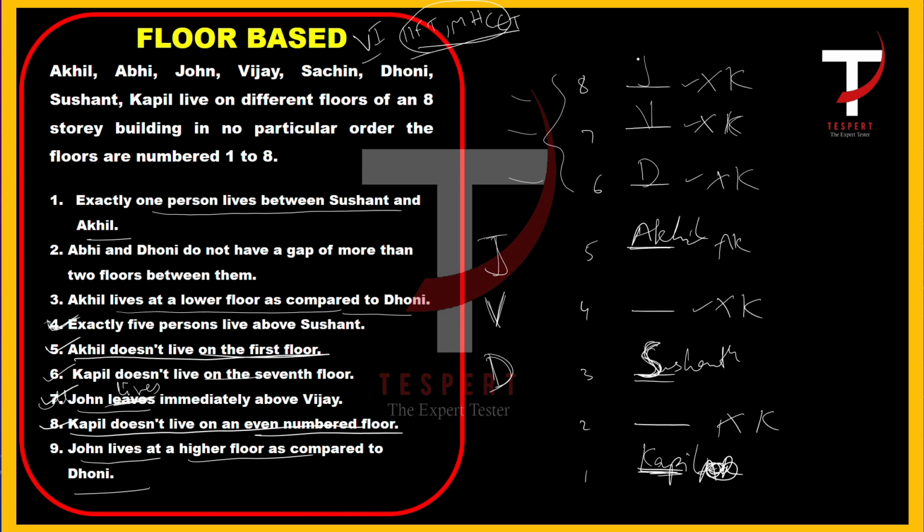Vijay is here and John will be here, because John lives immediately above Vijay. And Akhil lives at a lower floor as compared to Dhoni, so this statement is also clear, right? So still the 4th floor and 2nd floor are vacant.